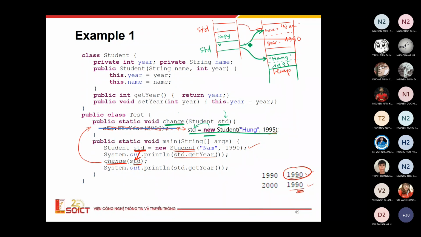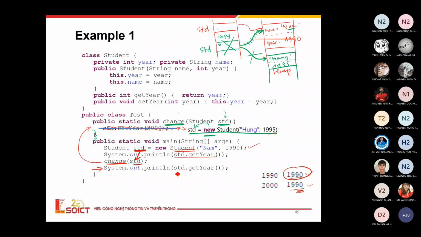So now STD does not refer to the object of Nam, it refers to the object of Hoa. This is the end of the method, so this one is deleted, and we come back to the main method. What do you have?